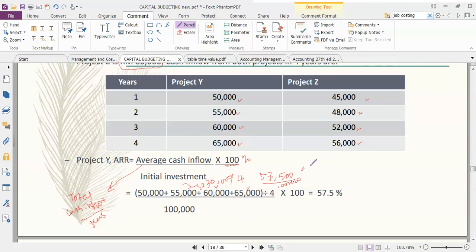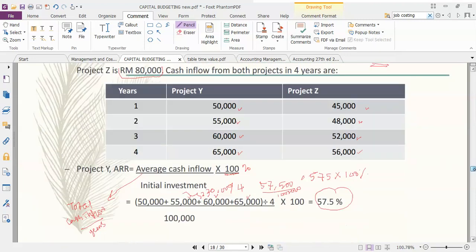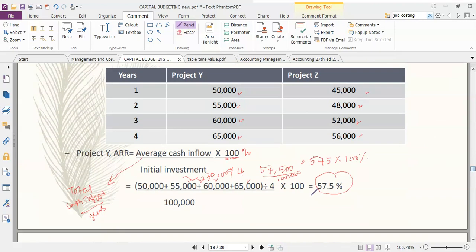You will get 0.575, and then times 100. So you will get 57.5% average. Okay, for project Y, we get our average rate of return, meaning the return. Okay, how much is our return? Average return is 57.5%.